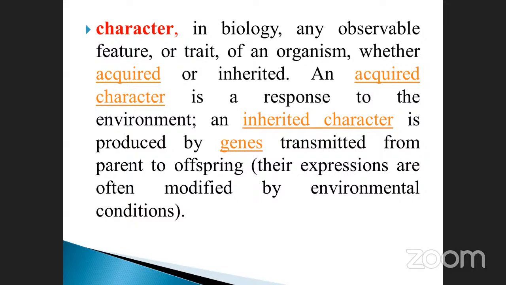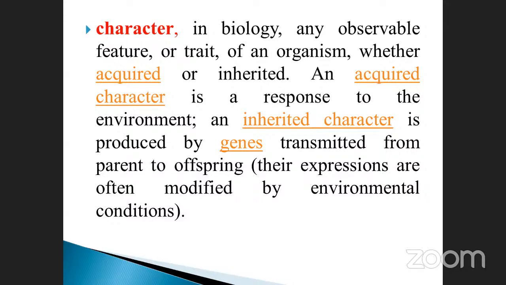See here, the character I already told you. An acquired character is the response to the environment. An inherited character is produced by the genes transmitted from the parent to offspring. Their expression is often modified by environmental conditions. This is called, what is that? Acquired character. Genes also. That's the result I told you.